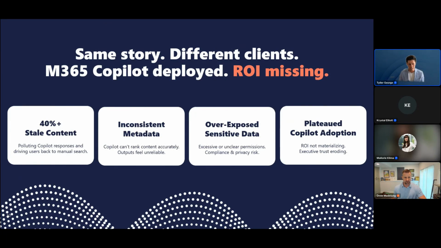But when we look beneath that pattern, these four themes tend to exist. The first one, similar to what we saw on the previous slide, is stale content, or otherwise your ROT. Think of it this way. Many of us carry large volumes of redundant or obsolete content, ranging from duplicate files from migrations. How many migrations or how many platforms have you moved from before you came to M365?